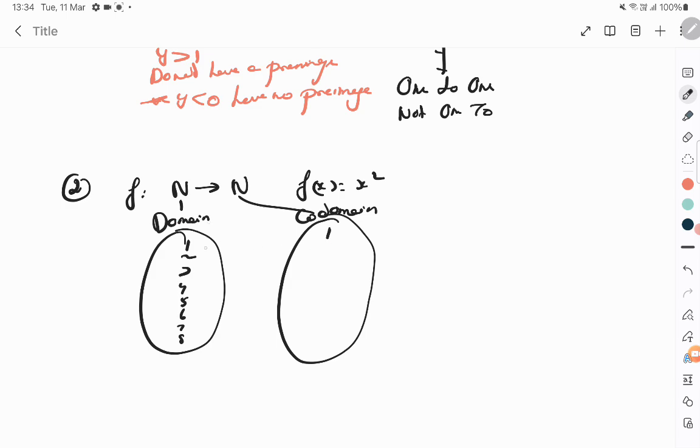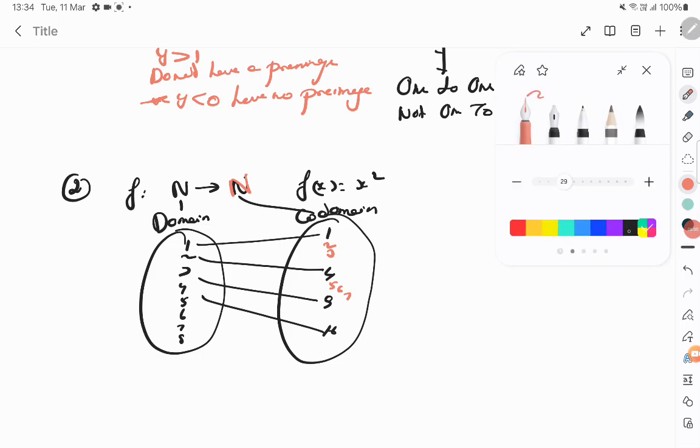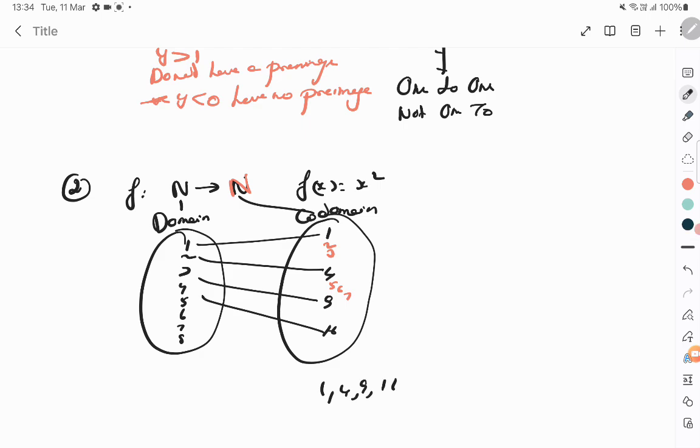So 1 is going to be mapped to 1, 2 is going to be mapped to 4, 3 is going to be mapped to 9, 4 is going to be mapped to 16. So what about the numbers in the natural numbers on the right side in the codomain, such as 2, 3, 5, 6, 7? They do not have a pre-image. They are also natural numbers. Only the square numbers such as 1, 4, 9, 16, 25, all these square numbers, have a pre-image.